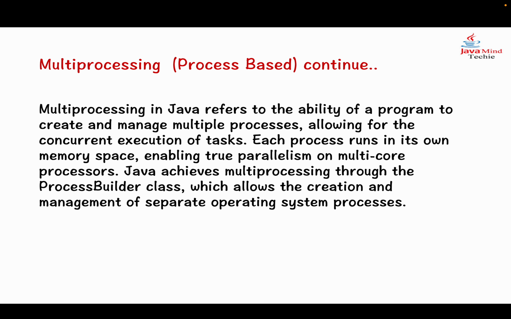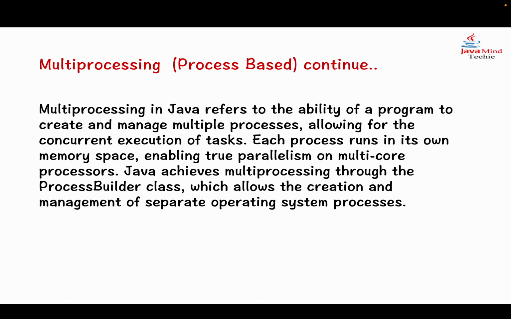I already mentioned this in depth here, so you can read it out. Multiprocessing in Java refers to the ability of a program to create and manage multiple processes, allowing for concurrent execution. Already I've told you, concurrent means simultaneously, in parallel, if you execute your tasks. Each process runs in its own memory space.